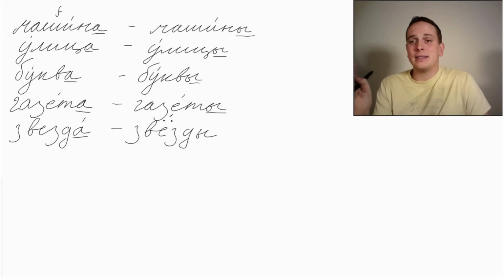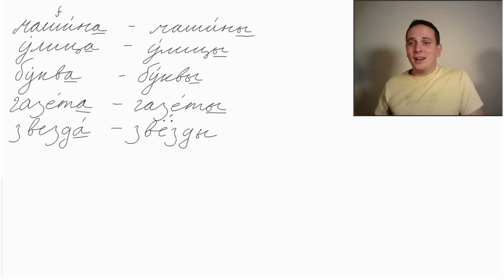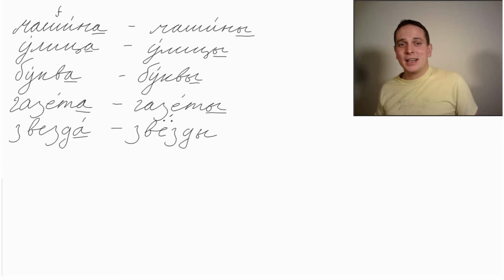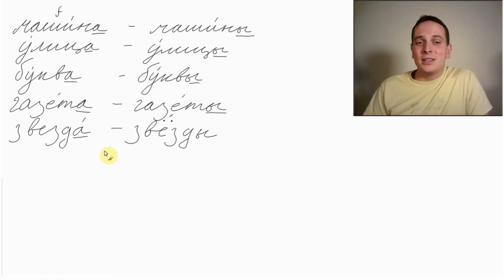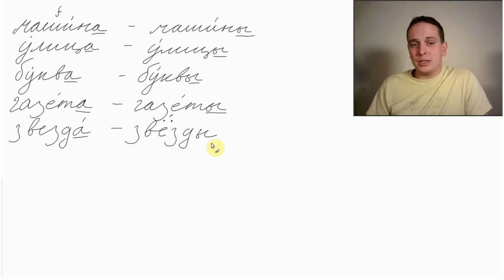They will always understand that you want to explain something about plural of stars. So the right way is звёзды.